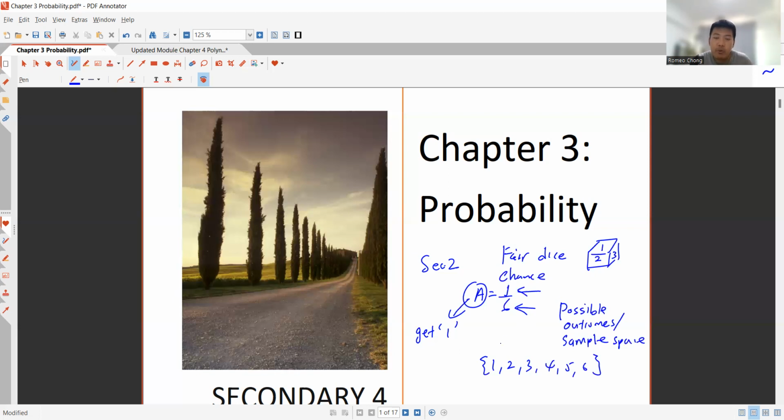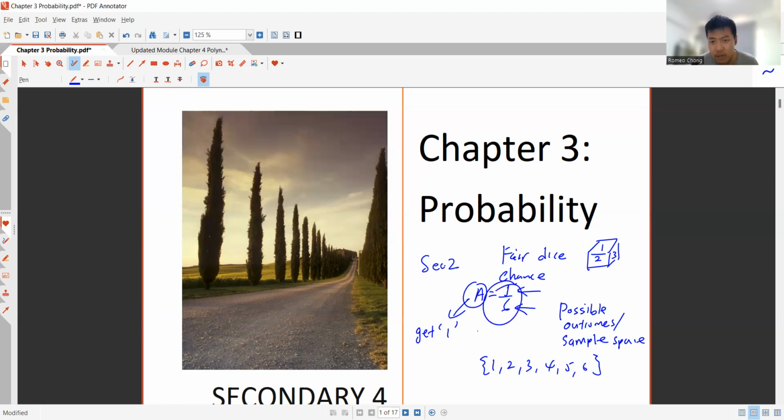So every time you roll the fair dice, the chance for you to get 1 is 1 out of 6. The 6 is the total possible outcomes, but out of these 6, there is only one digit 1, which your event A wants you to get. So that's why this will be our probability.